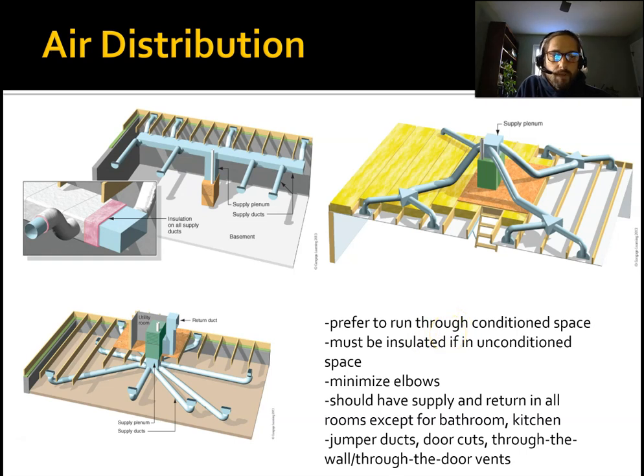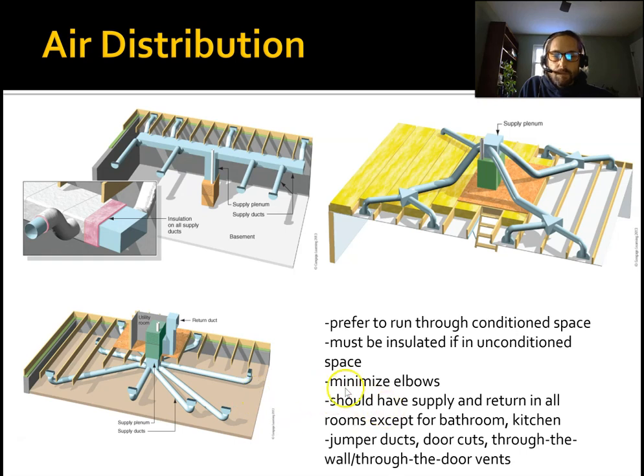Think about if you have your ducts running through a cold attic space and it's heating, so you have hot air going through these ducts in this cold space, you're going to lose some heat through conduction. Even if they are insulated, you're still going to lose some heat. But if you run them inside, you're going to lose much less heat. They have to be insulated if they're in unconditioned space. If they're in the conditioned space, you don't have to insulate them, because it doesn't matter if you lose heat or cool, it's going to be the same end result.